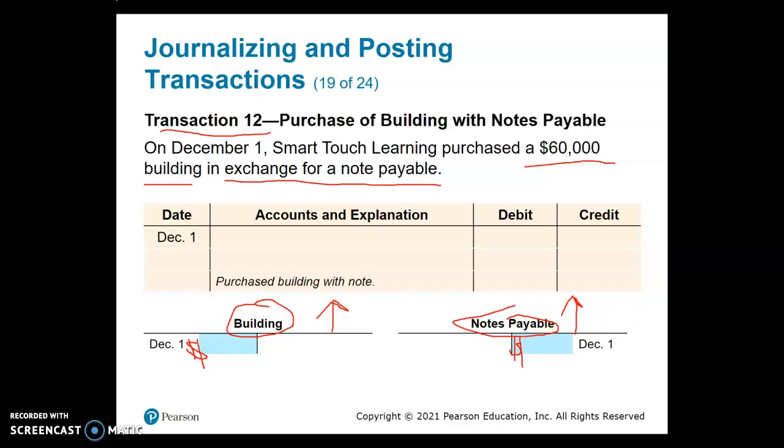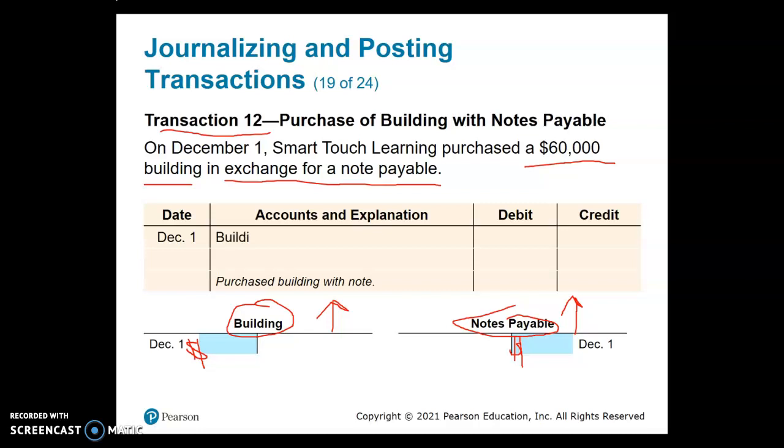But you will have to learn how to do this, because not in all situations will you be given the account names. Most of the time you're not going to be given the account names. You have to read the transaction and determine that for yourself.